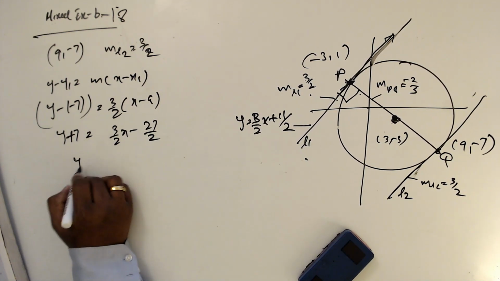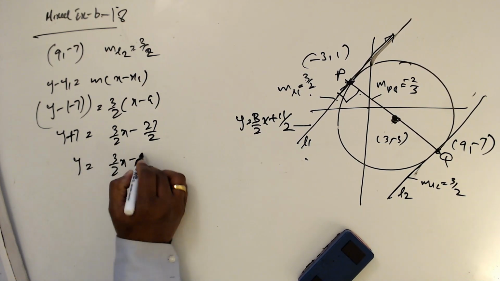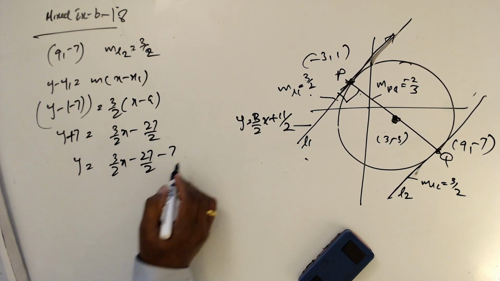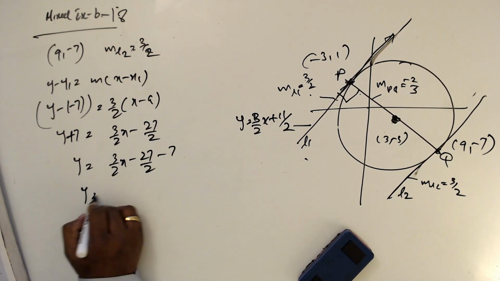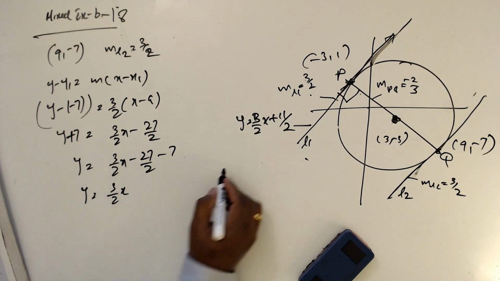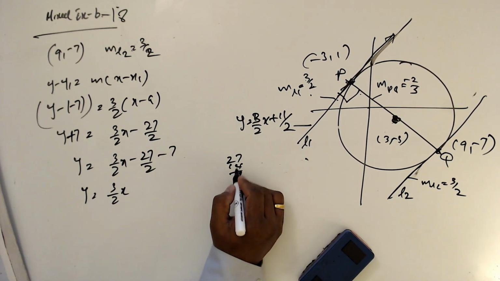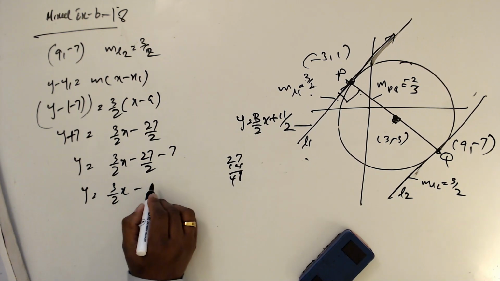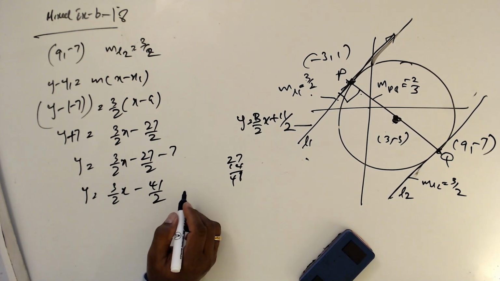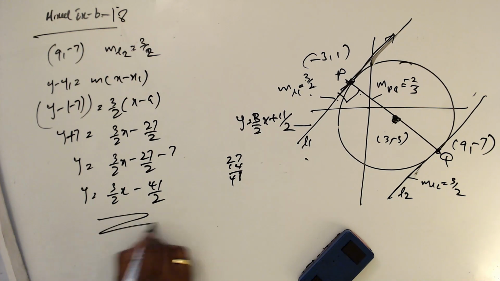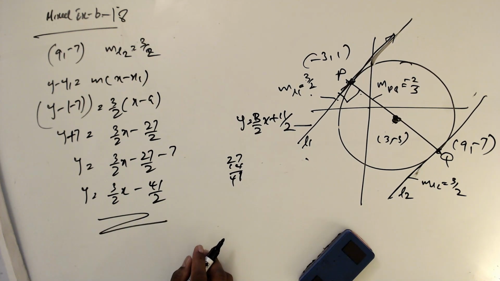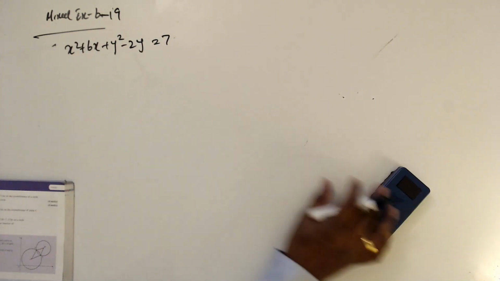So y equals 3 over 2 x minus 27 over 2 minus 7, which is minus 41 over 2. Those are the equations.